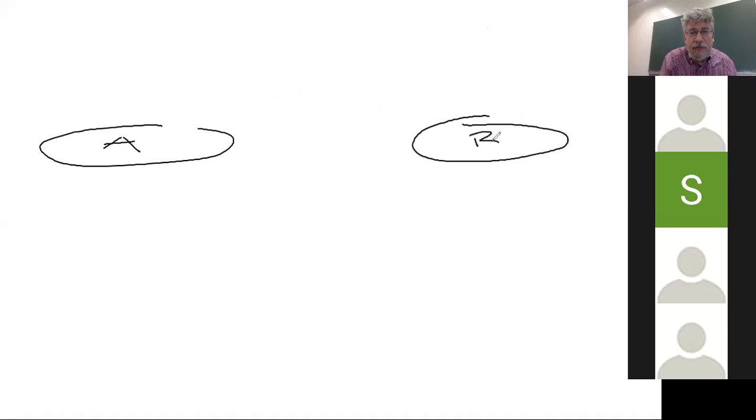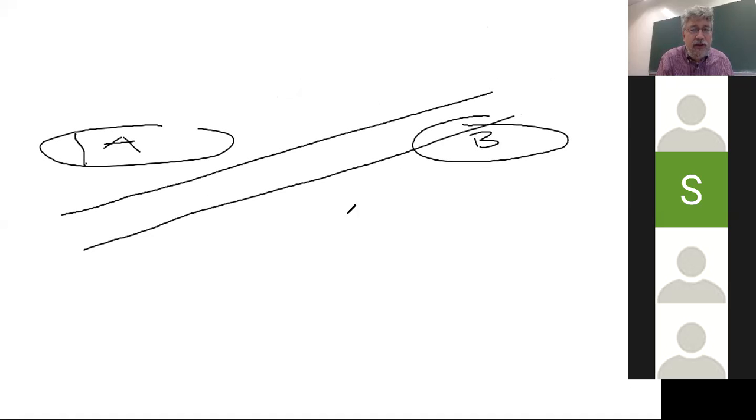Let's say here is region A, and here is region B. Now we have some particle trajectory here in region A. Let's say A and B are chosen in such a way that this is one of the surfaces of the time foliation. Here's another one, etc. Okay, good.